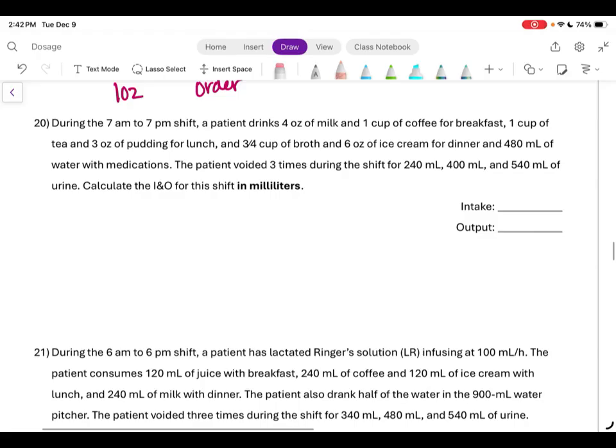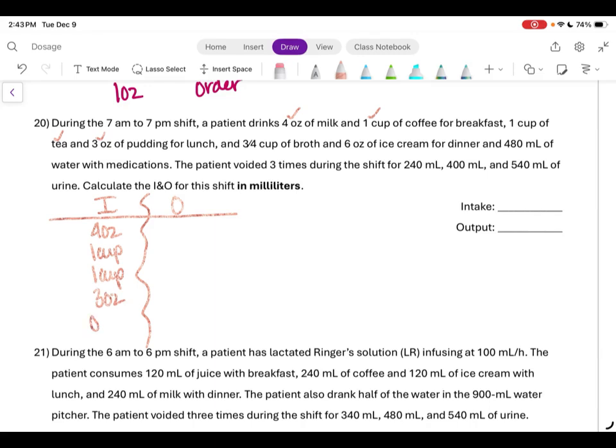All right, keep going here. For this one again, I'm gonna need my I and O table. I've got 4 ounces of milk, a cup of coffee, a cup of tea, a 3-ounce pudding, 3/4 of a cup, or in decimal format, it's just 0.75.